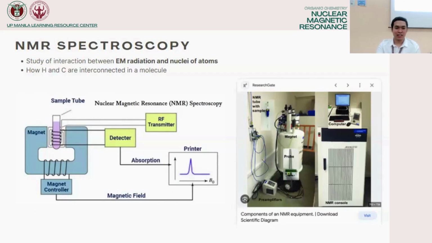Clear? Hindi ka target audience. Clear ba? Clear? So your nucleus resonates with the magnetic field. So nagfi-flip yung nucleus when the energy applied is equal to the energy na kailangan niya mag-flip.